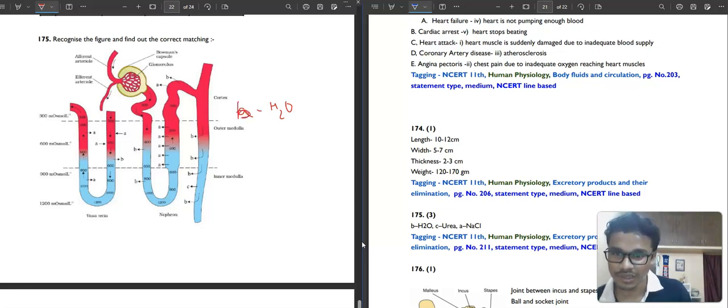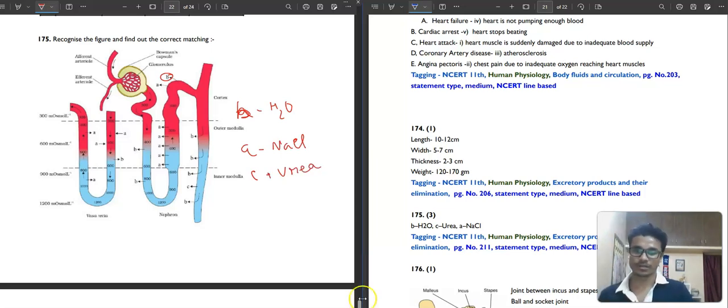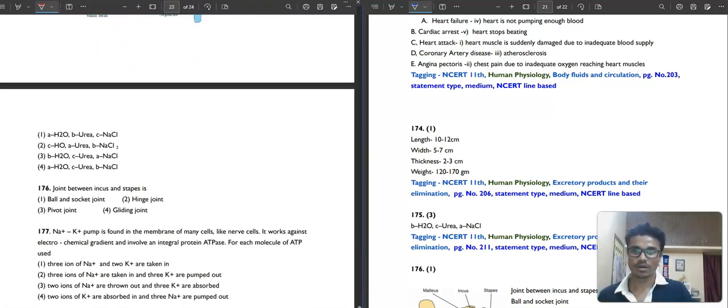B is H2O here, A is your NaCl, and C is your urea. This is the counter current mechanism. So the correct answer will be the third option.